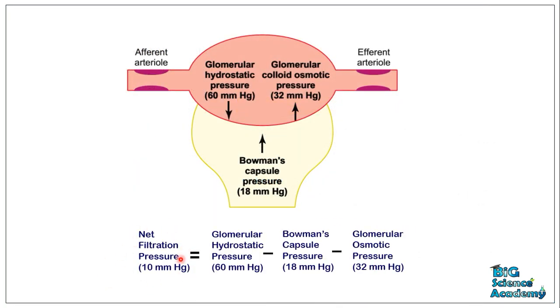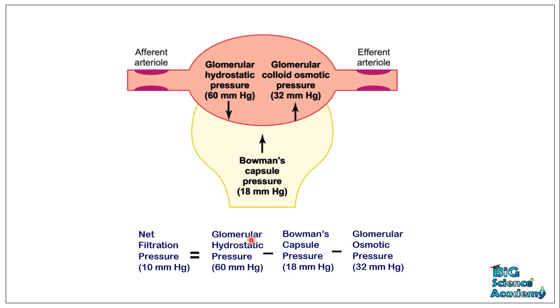Here we can see the net filtration pressure. How can we get net filtration pressure? It is glomerular hydrostatic pressure minus Bowman's capsule pressure and glomerular osmotic pressure. Glomerular hydrostatic pressure favors the filtration process, and glomerular colloid osmotic pressure and Bowman's capsule pressure oppose this filtration process.